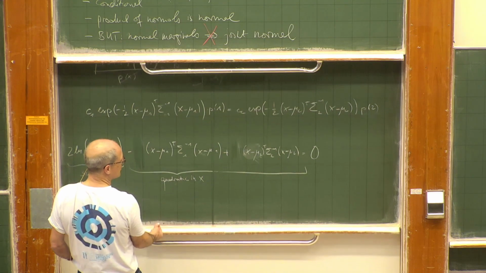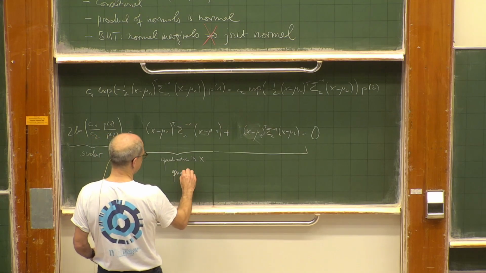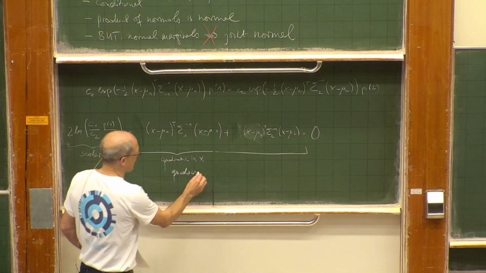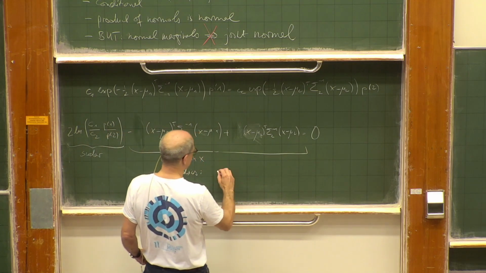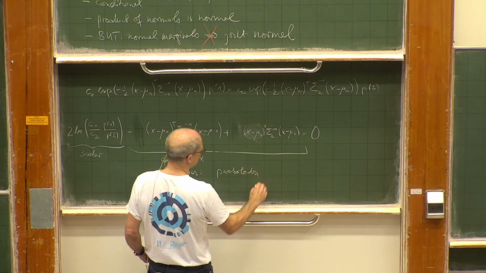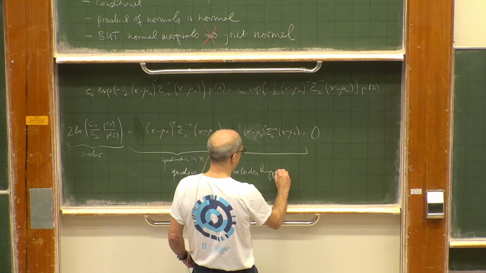And functions which are quadratic in x, they have a name in geometry, those are the quadrics. Okay, and what quadrics do we have? We have paraboloids, or we have hyperbola.